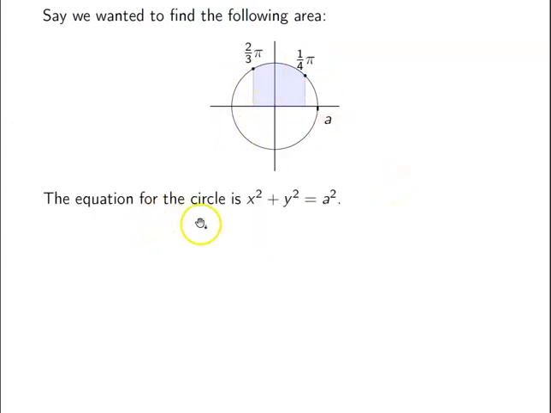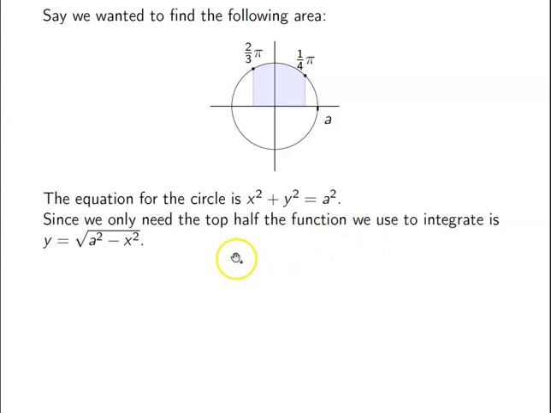Okay. So the equation for a circle of unknown radius, or some random radius, I should say, is x squared plus y squared equals that radius squared. In this case, we're not saying r, we're using a. We're only going to need the top half of the function here, right? This bottom half of the function does nothing.